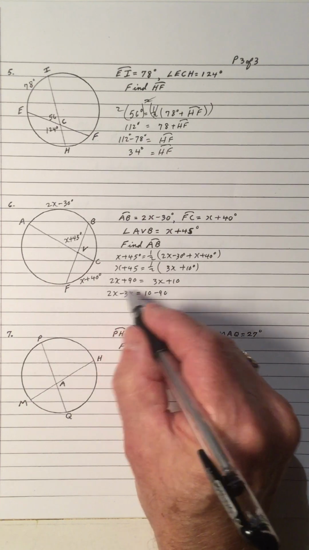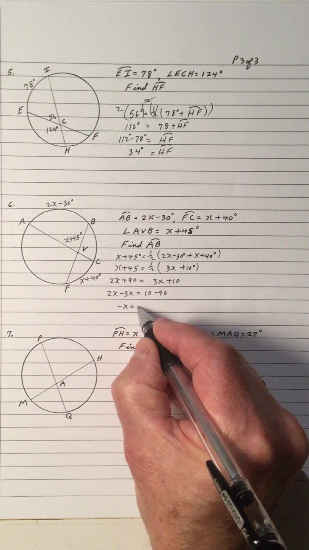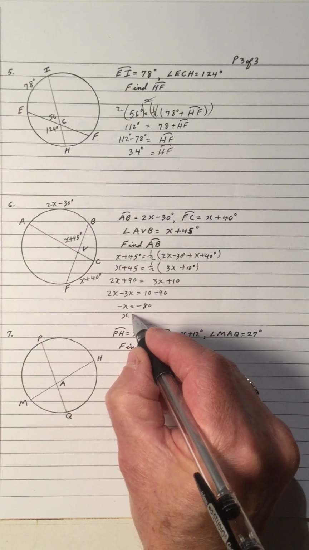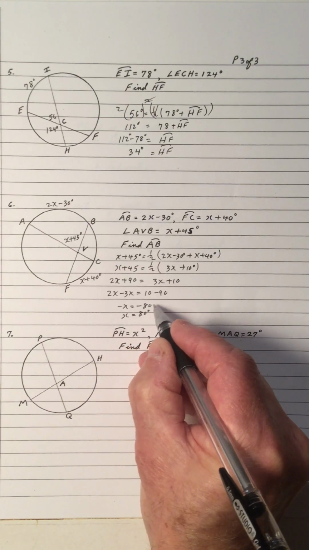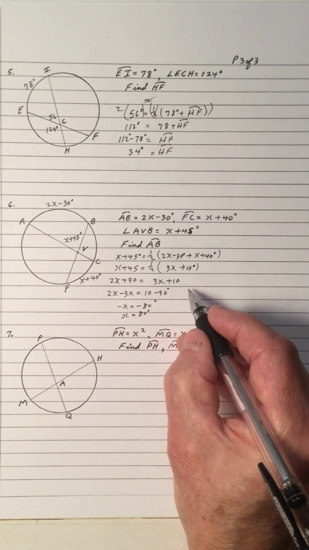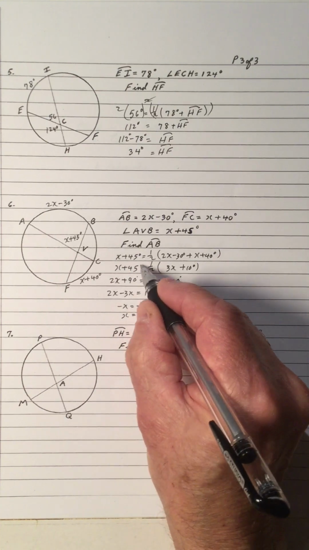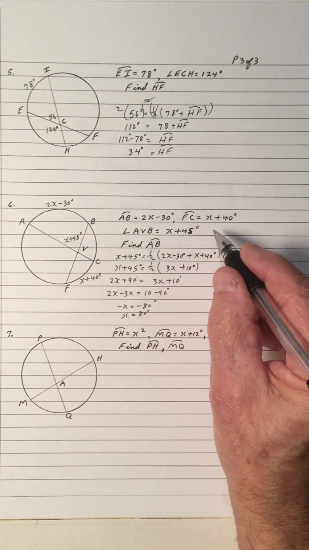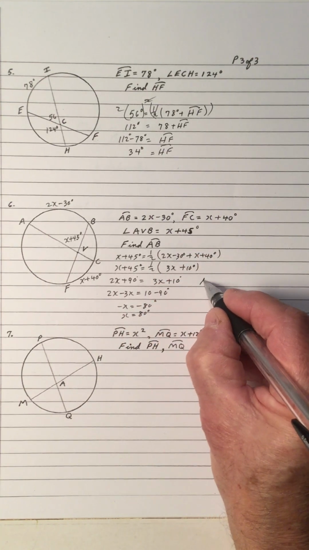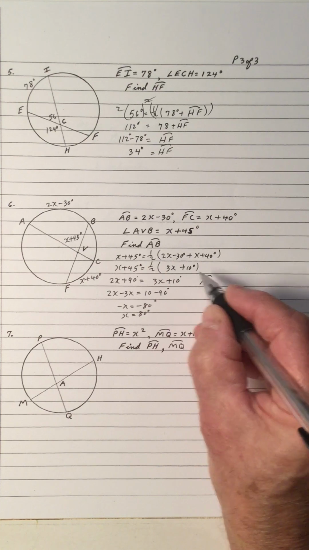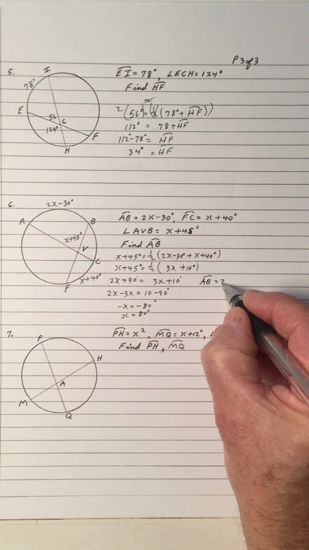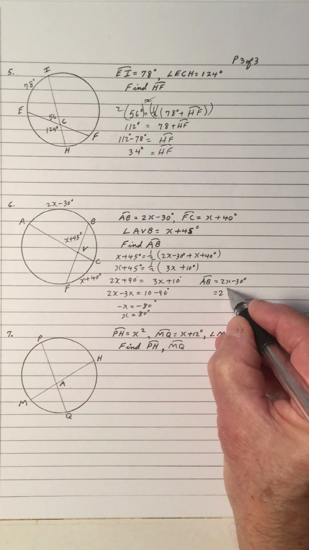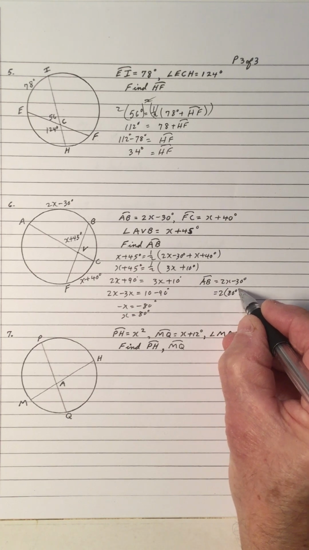Move the x's to the left, numbers to the right. Negative x is negative 80. Divide by negative 1, x is 80 degrees. We know there are degrees. And we want to find the measure of the arc AB. So AB is 2x minus 30. So we get x is 80.